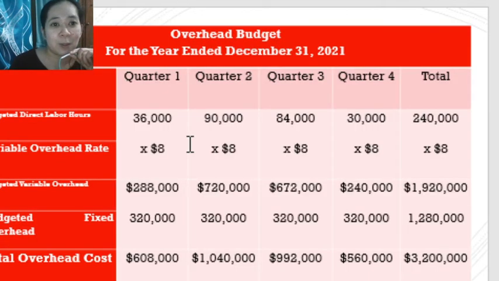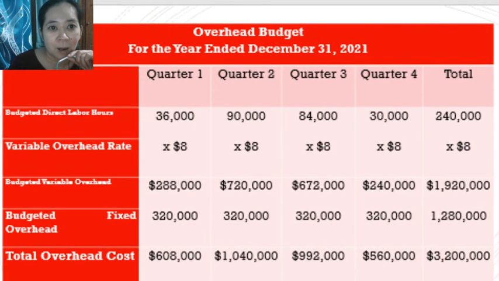For our solution, we have here the overhead budget as required in number 1. The data are from the direct labor budget and from the given figures and amounts from the requirement. All we have to do is follow the number of units or the rate that the requirement has provided.